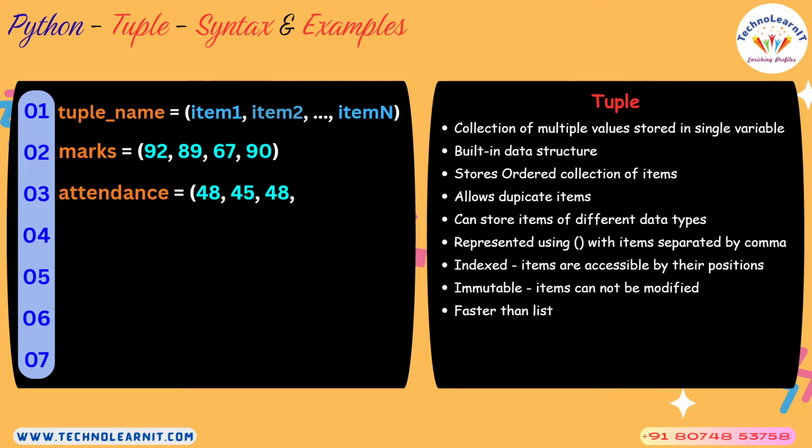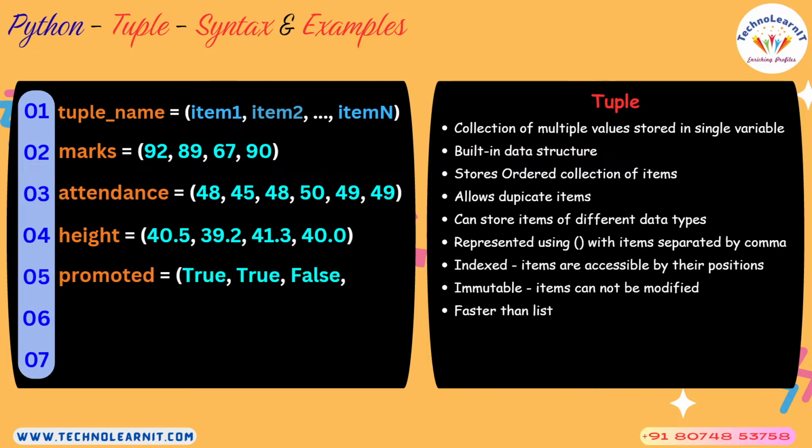Similarly, if you want to store attendance, here attendance is the name of the tuple, and all the elements that you can see are separated by comma and enclosed within braces. Height is another example where height is the name of the tuple in this example, and 40.5, 39.2, 41.3, 40.0, these are all items of the tuple separated by comma, again enclosed within braces.